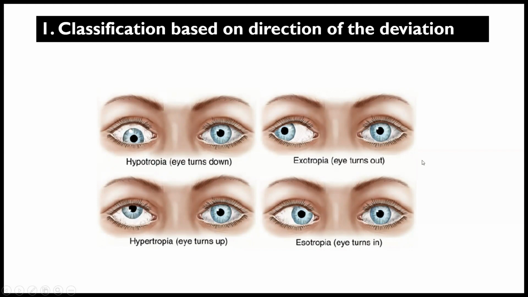Then we can have the deviation going laterally, where we have esotropia when it is turning inside or medially, and we can also have exotropia where it is turning outwards. So this is the first classification, based on deviation. When you hear esotropia, exotropia, hypotropia, and hypertropia, those are deviations.